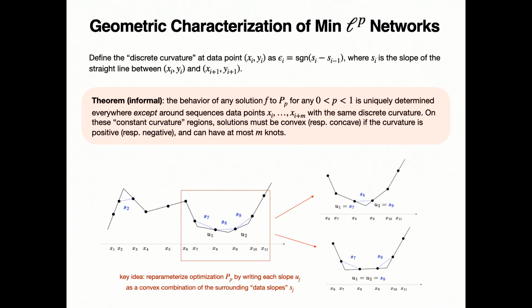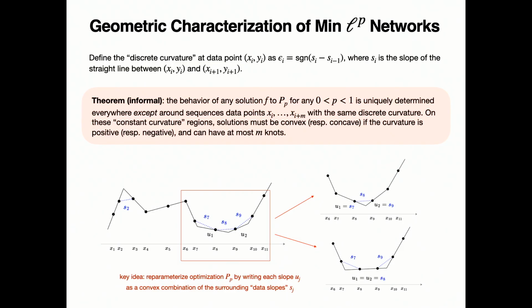But what you can say for sure is that the solution to the LP minimization problem, whatever it is, the concavity of that solution has to match the concavity of the data. And the number of knots of the solution on that interval is no greater than the number of data points determining this stretch of consecutive constant curvature data points.